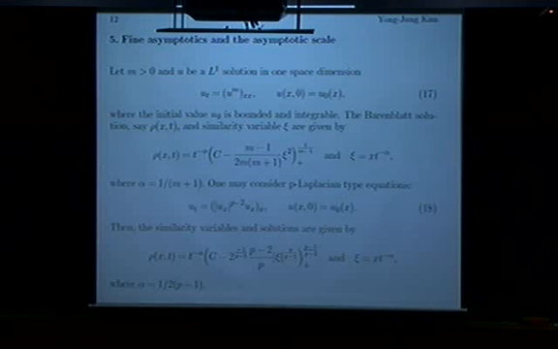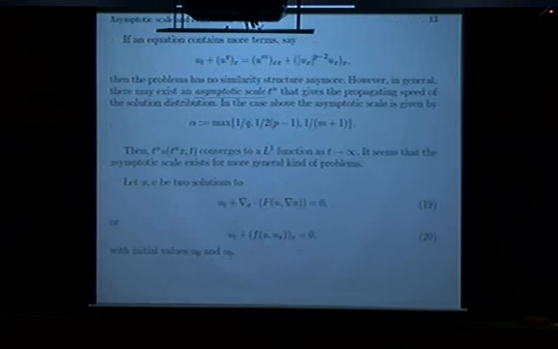So I want to call that the asymptotic scale of the solution. Now, if you are considering an equation that has many different things together, then you don't have a similarity variable. That's very clear. But this one still has some asymptotic scale, t to the alpha.